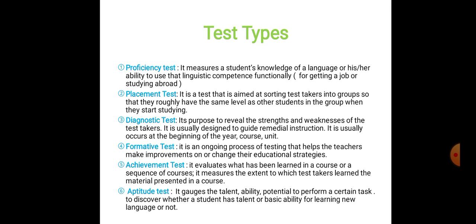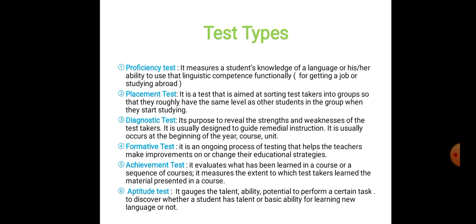This test measures a student's knowledge of a language or his or her ability to use that linguistic competence functionally. For example, for getting a job or studying abroad. Or called competence or competency test.